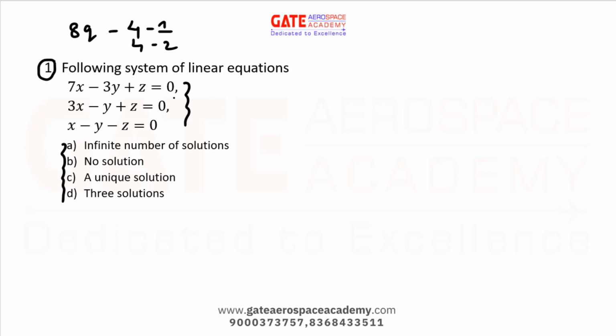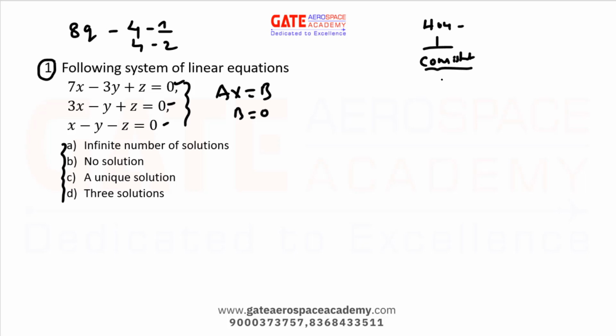If you observe this equation, this is Ax equal to b, and b equal to 0 here. On the right hand side, you can see it is 0, 0, 0. So you all know that if this is 0, then we call it homogeneous linear equations. For homogeneous linear equations, we know that it is always consistent.